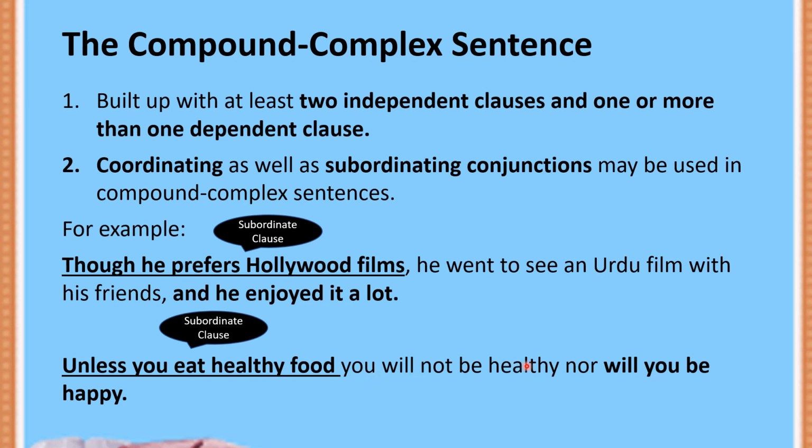You will not be healthy is an independent clause. Similarly, nor will you be happy is also an independent clause. So you can notice that these two sentences have three clauses, and each has one subordinate clause and two principal clauses.